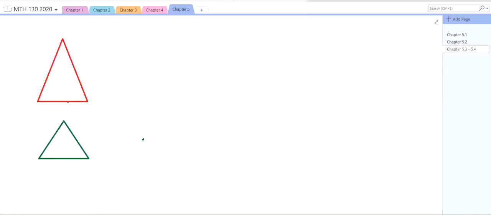Here are two more triangles. We call this one an isosceles triangle. Here, two sides and two angles are the same.